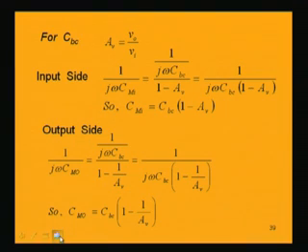So, now we are going to find out what CMI and CMO will be. The voltage gain is V0 by Vi, and that we know is the voltage gain AV.